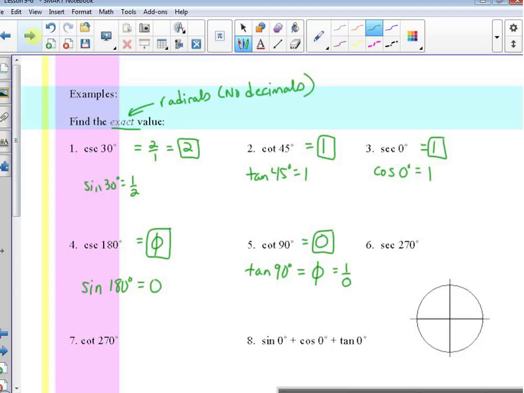Secant of 270 would relate to the cosine of 270. The cosine of 270, I'm down here, I just see my diagram now. It's 0. So the reciprocal of 0 is undefined. So the secant of 270 is undefined.